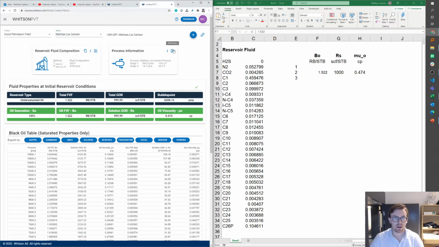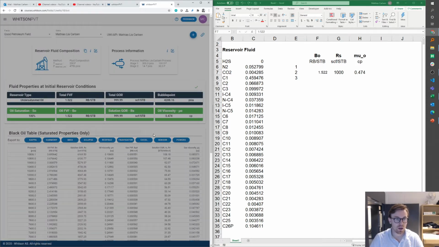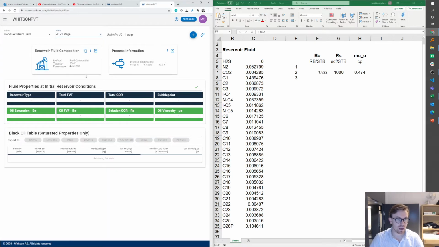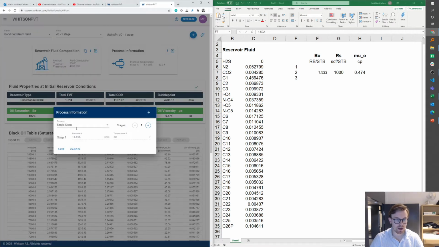And here, what's important to emphasize is that we're using this two-stage process that we see here, while our other exercise was to look at the same case. So again, it's the same composition, but now we have a single-stage process right here.